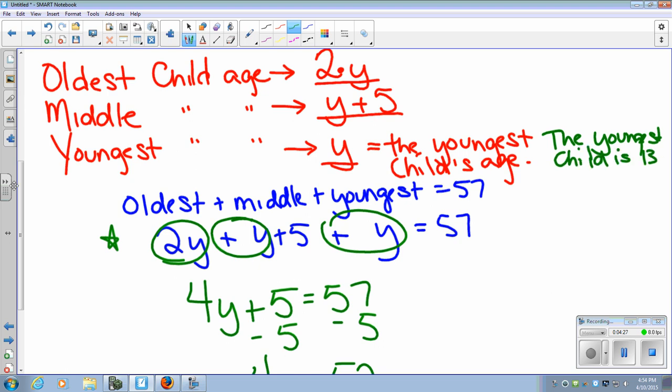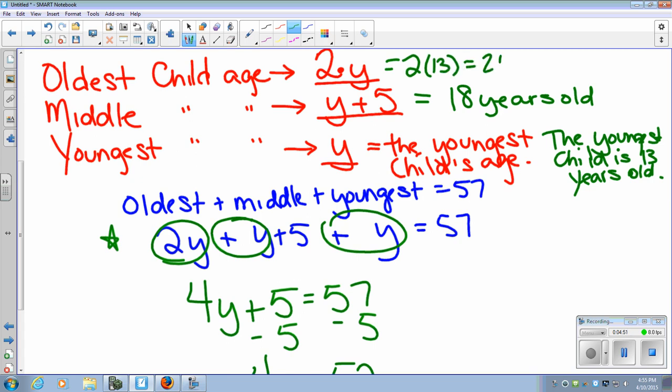Now that I know the youngest child's age, it's easy to figure out the middle child because I just have to add 5. The middle child's 5 years older, so that's 18. And the oldest child is 2 times as old as the youngest child, so that's 2 times 13, 26 years old. That's how I'd solve that problem.